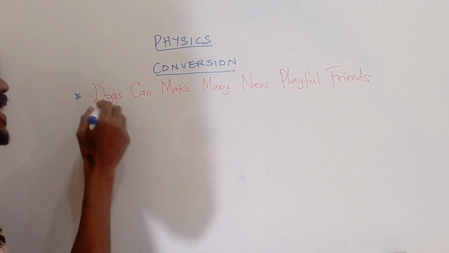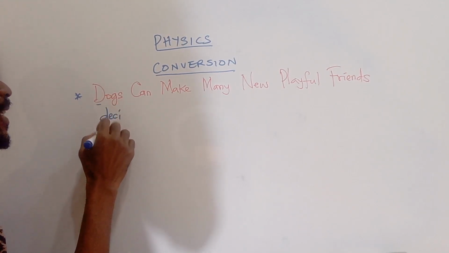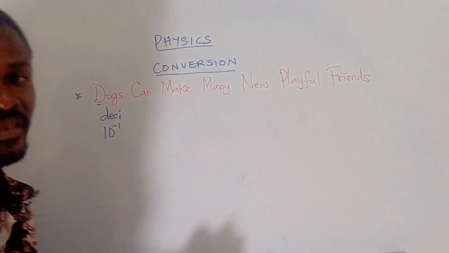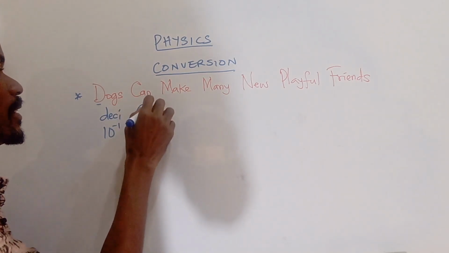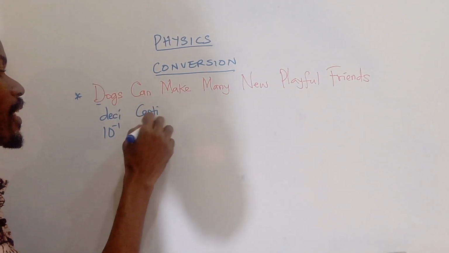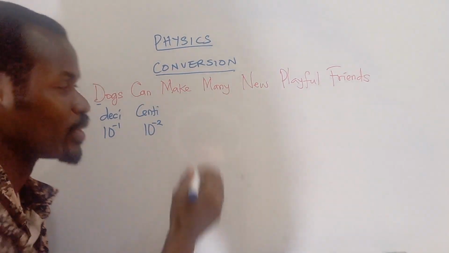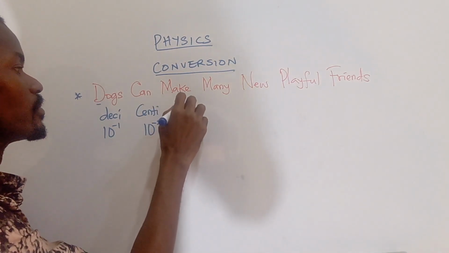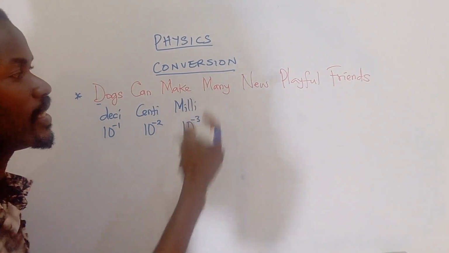Okay, dogs, we have D. D there is for deci, which we have as 10 raised to the power of minus 1. All right. Now C is for what? Centi, which we have as 10 raised to the power of minus 2. N is for what? Milli, which we have as 10 raised to the power of minus 3.